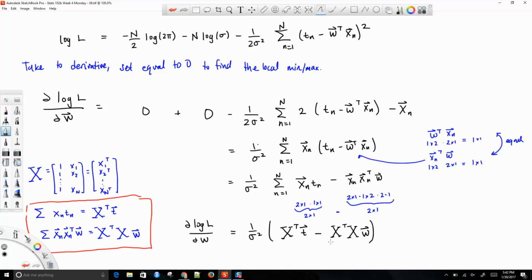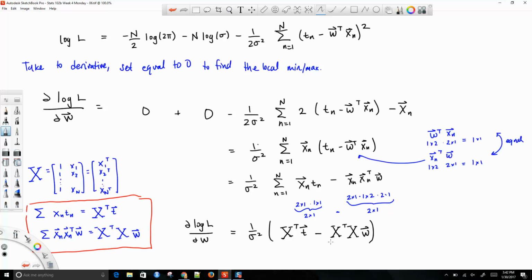Just for clarification, what does the t vector, or what does the t value represent? The t vector is kind of like our y's. Our textbook notation, for whatever reason, uses t instead of y. So the t's there are the observed values.